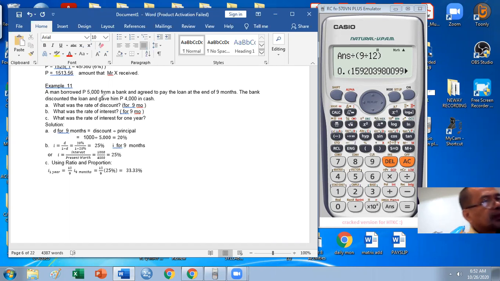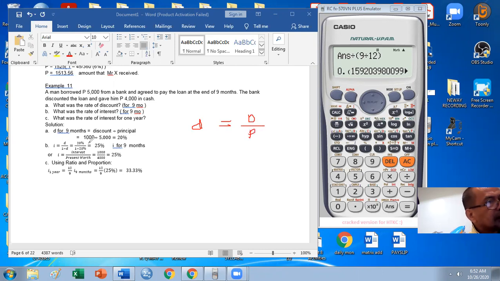This means that instead of 5,000, he was discounted, so only 4,000 was lent to him. So, what was the rate of discount? The discount for 9 months, using the formula, remember, D is equal to discount divided by the principal.